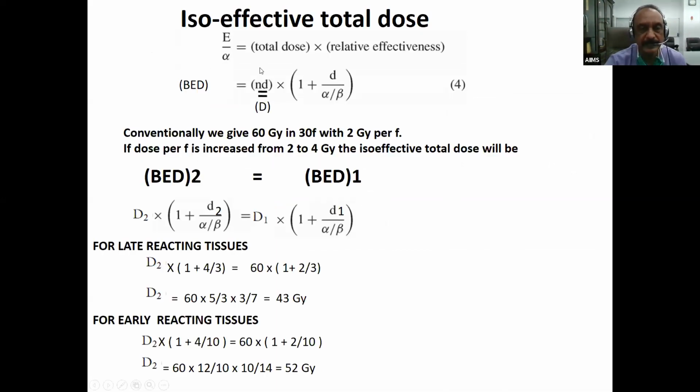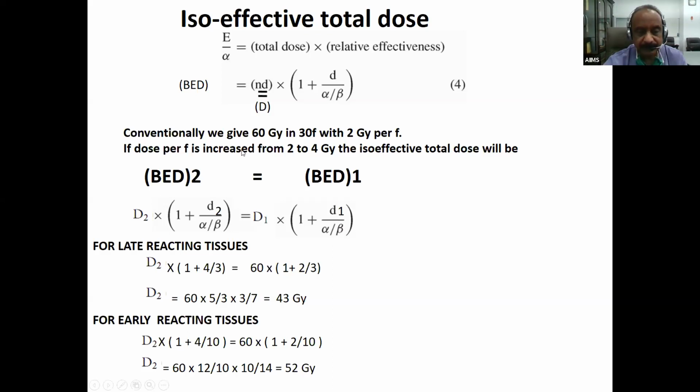Now let us look at clinical application of biological effective dose. One is to calculate the isoeffective dose. What we mean by isoeffective dose is that if we are using two fractionation schemes, then both fractionation schemes should have the same effect, either in terms of tumor control or in terms of side effect. Now, conventionally, we know we give 60 gray in 30 fractions, 2 gray per fraction.